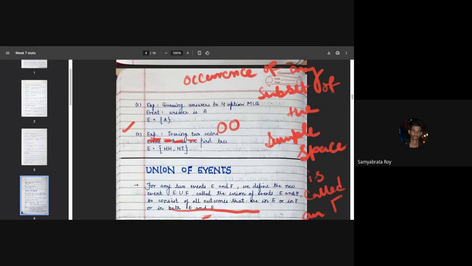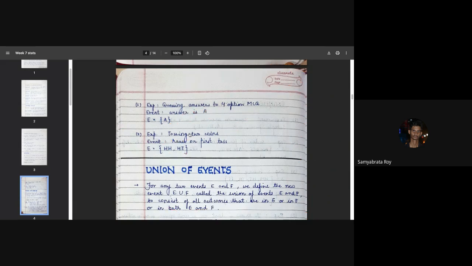Another: tossing two coins, the event is getting the first toss as head. So this is the scenario: head, head and head, tail. In both scenarios, the first toss results in head.